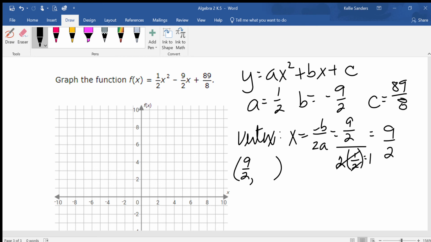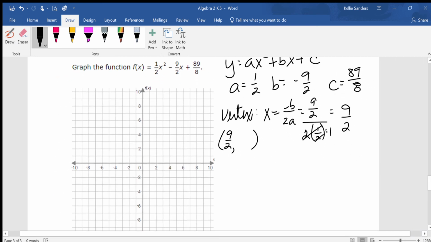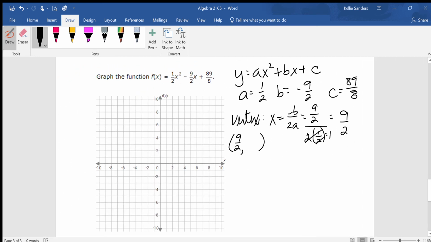I'm going to have to scrunch this because I'm going to need way more room. So we need to put this 9 over 2 back into both x's. So y equals 1/2 x squared minus 9 over 2 x plus 89 over 8.